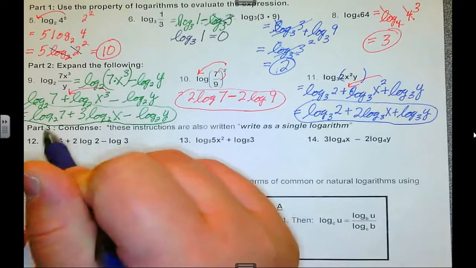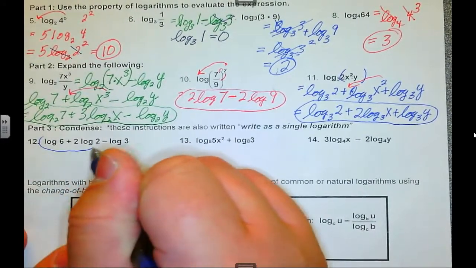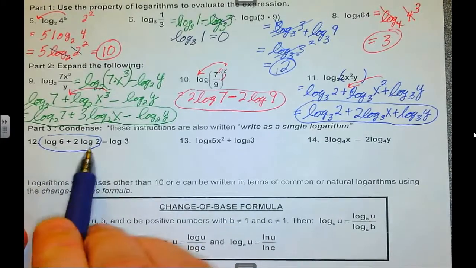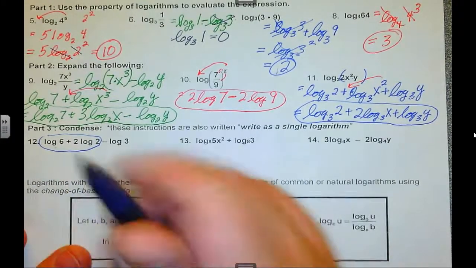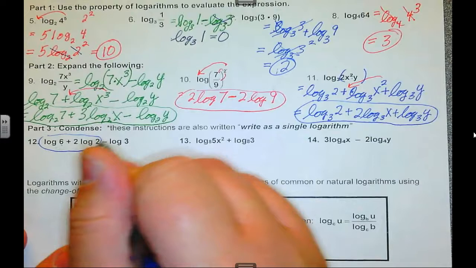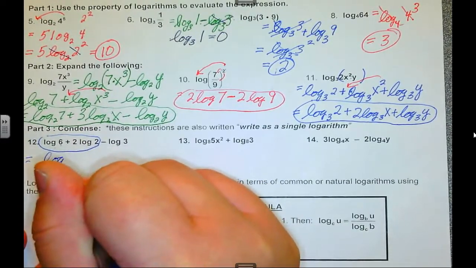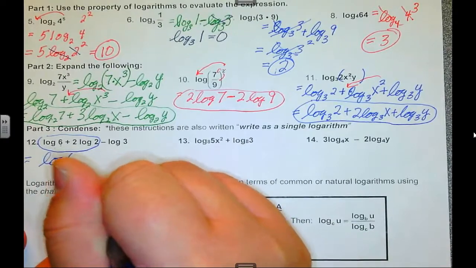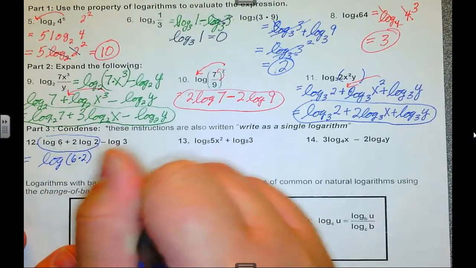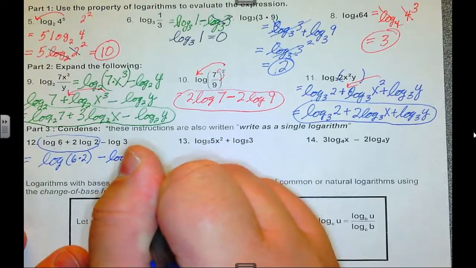Okay, so I have addition here. These two. By the way, make sure you have the same logs. This is common log. So I'm going to multiply 6 times 2. So I have log base 10 of 6 times 2 minus common log 3.